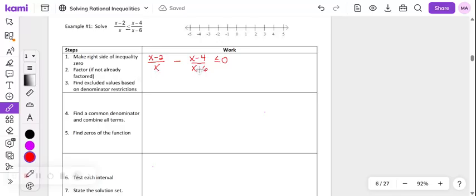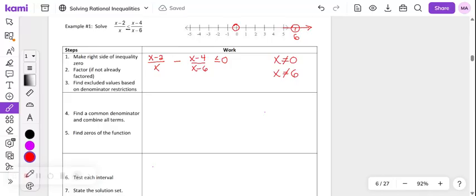Looking at our denominator, we can see that x cannot be 0. And over here, if x was 6, our denominator would be 0. So we have an open circle at 0, and an open circle at 6. We have to extend our number line for this one.